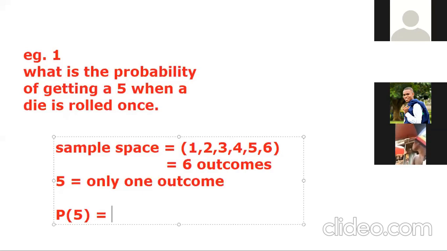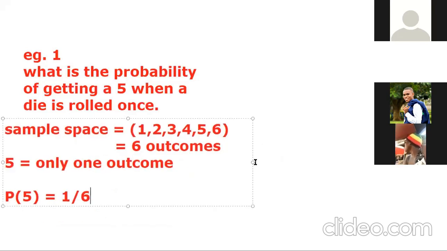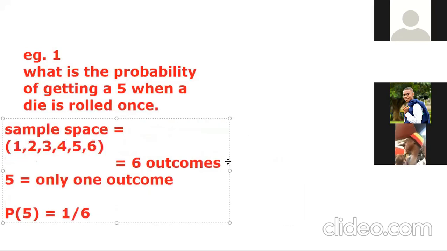E is the event, and the event is the 5. So the probability of getting a 5 is one outcome out of 6 outcomes. That's 1 over 6. Now, this may sound a little bit confusing for some of you because we are dealing with numbers. Let's use tossing a coin for now and see.